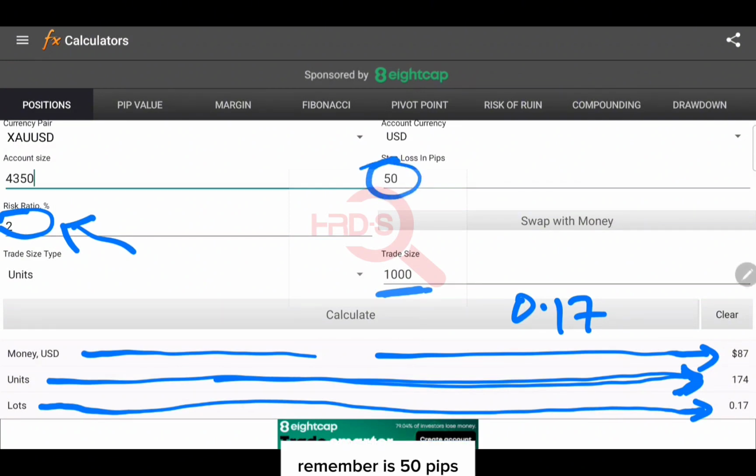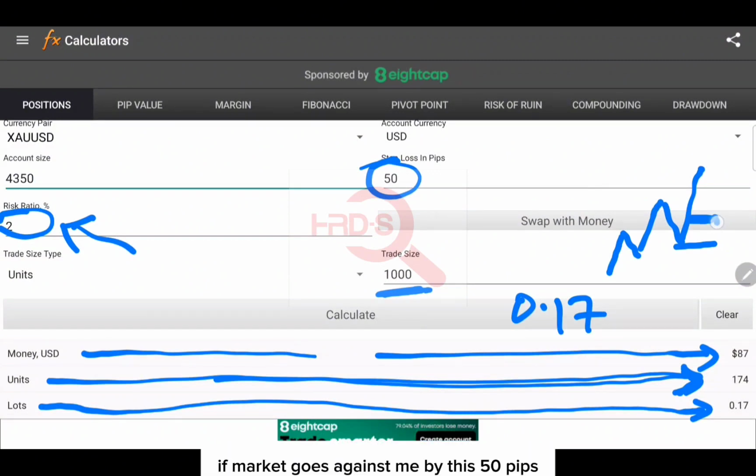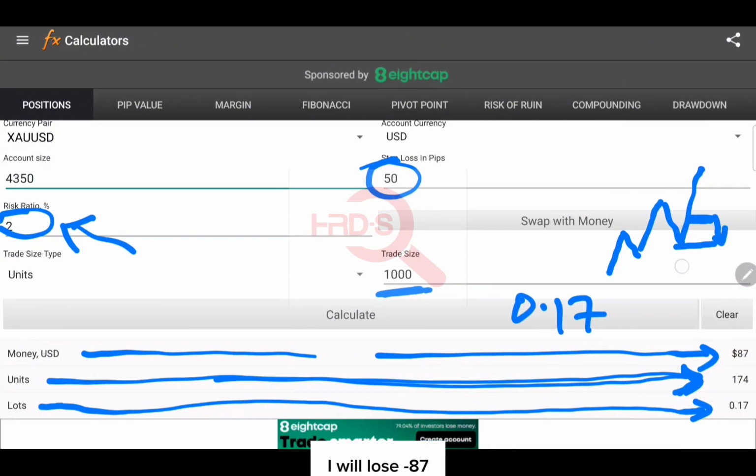The moment I place that 0.17, the implication is this. Remember, it's 50 pips. It means that when market goes, remember we have higher high, higher low, higher high, higher low, higher high. If my SL is here, my entry is here. If market goes against me by these 50 pips, I will lose $87.